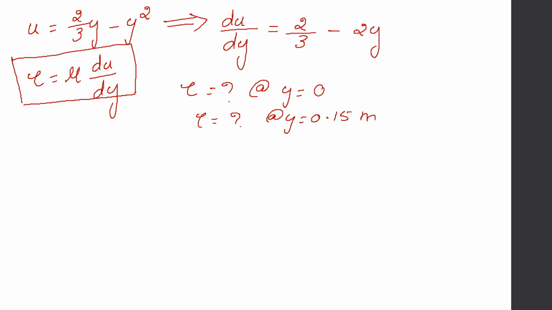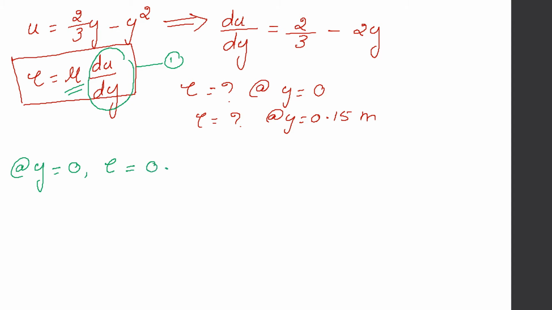Now we know mu, and we have an expression for du by dy. So we will apply these in equation 1, that is, Newton's law of viscosity. At y is equal to 0, tau is equal to mu. What is the value for mu?